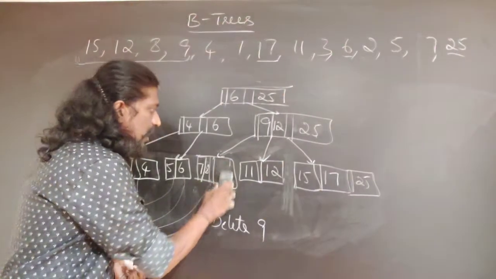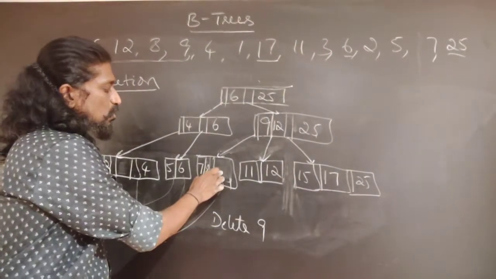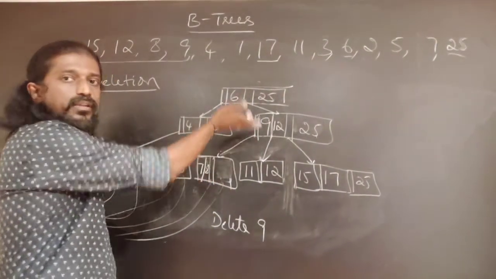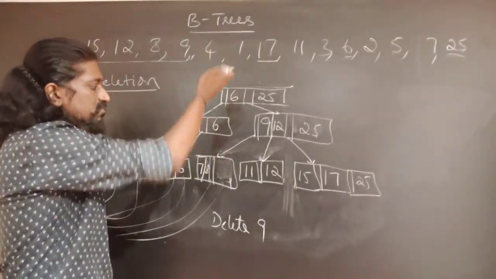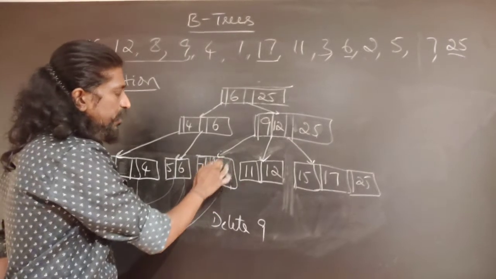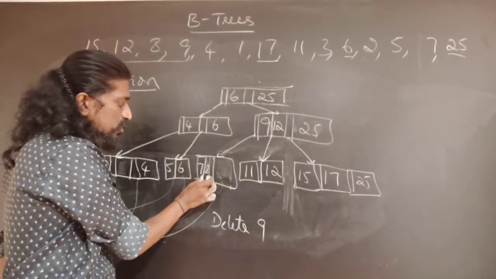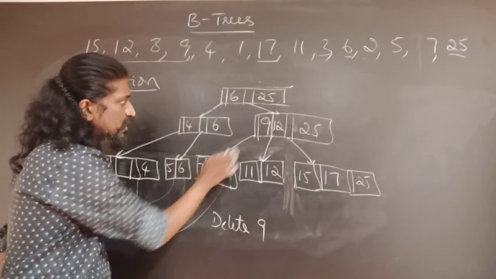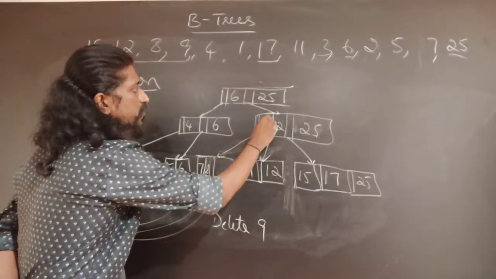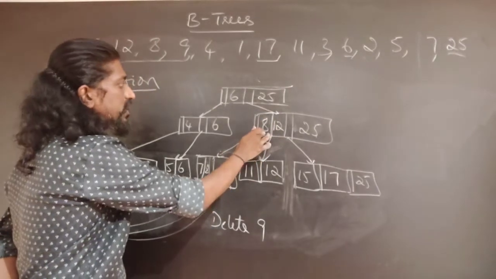I delete it. After deleting, the information about this will be present in the parents also, in higher levels of the tree, maybe one level or multiple levels. So I'll have to find out wherever 9 is present and promote the next largest key present in this particular node. The next largest key in this node is 8. So 9 has to be replaced by 8. In this case, it is only one level.